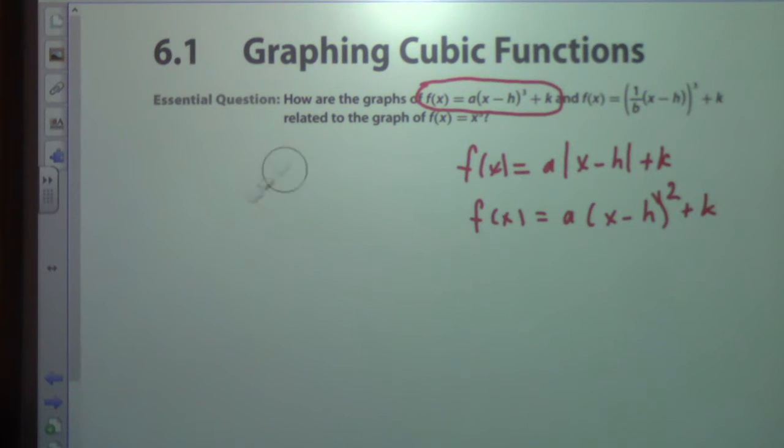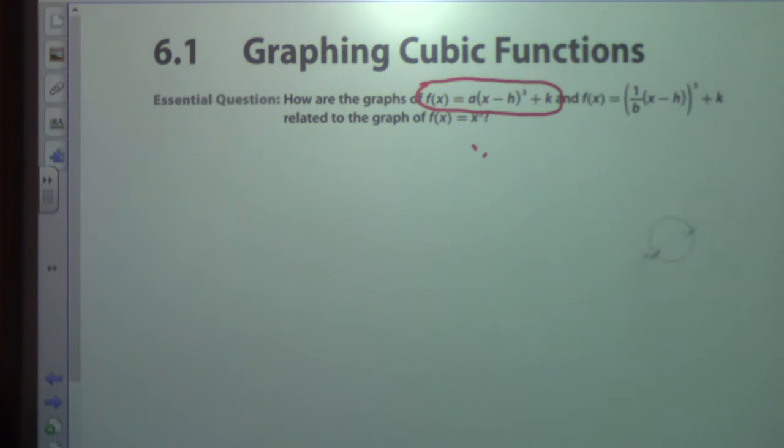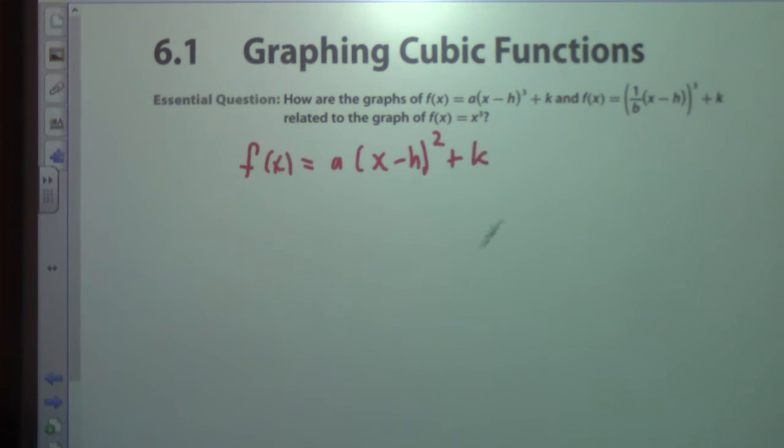Okay, now for cubic functions, we have this one right here. We have f(x) equals a times quantity (x - h) squared plus k. So what do these parameters do for this function? There are three parameters basically: there's this a, there's the h, and there's the k.